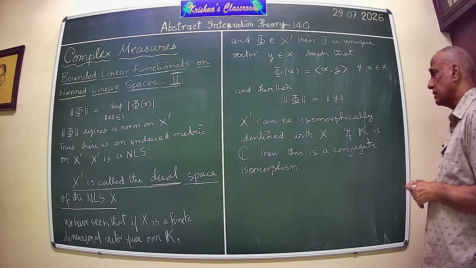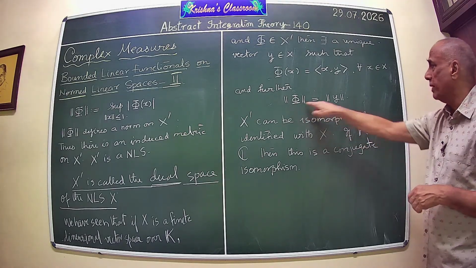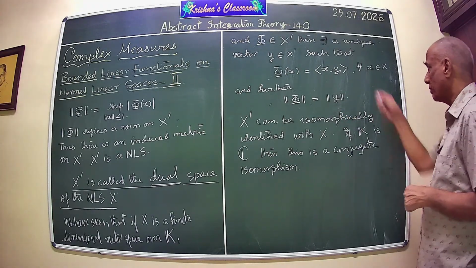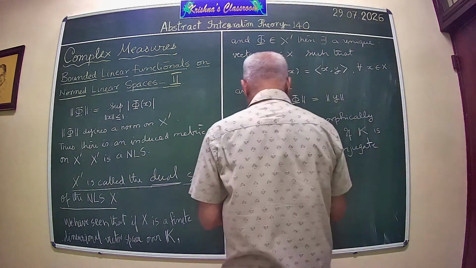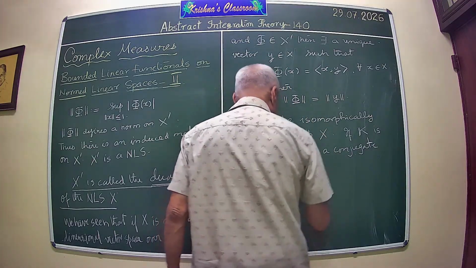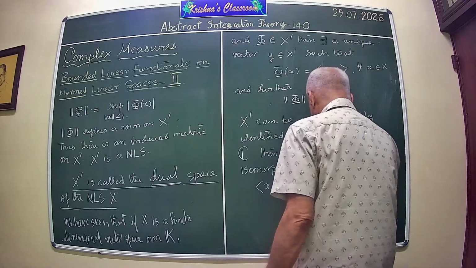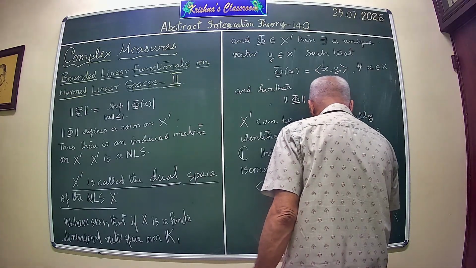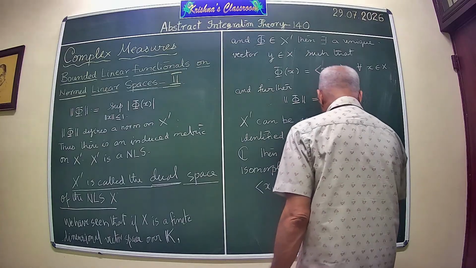We said that alpha phi will be identified with alpha conjugate y. Now let me write xy equal to yi conjugate.